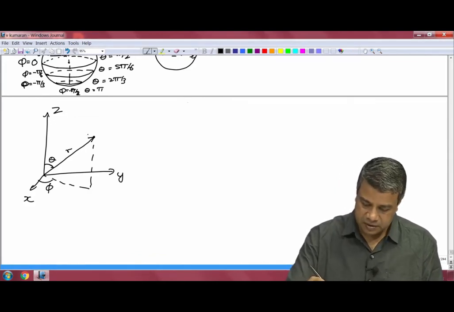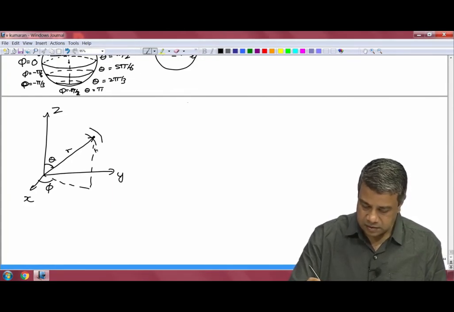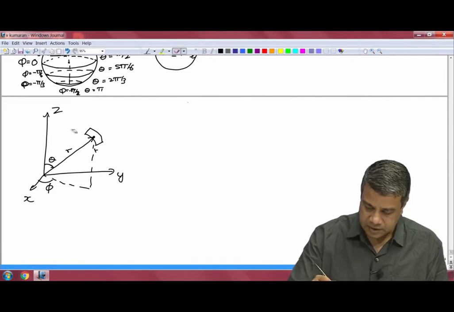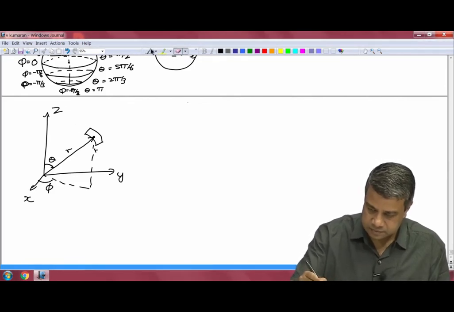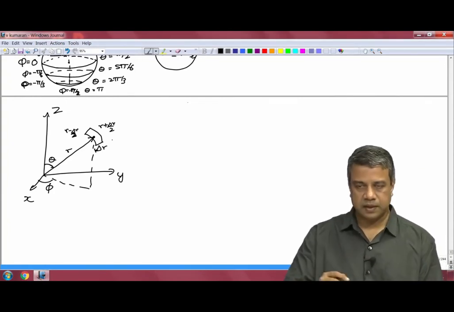So, 2 surfaces at the locations in the radial direction. The inner surface will be at the location r minus delta r by 2, the outer surface at r plus delta r by 2, and the increment in the coordinate will be delta r.